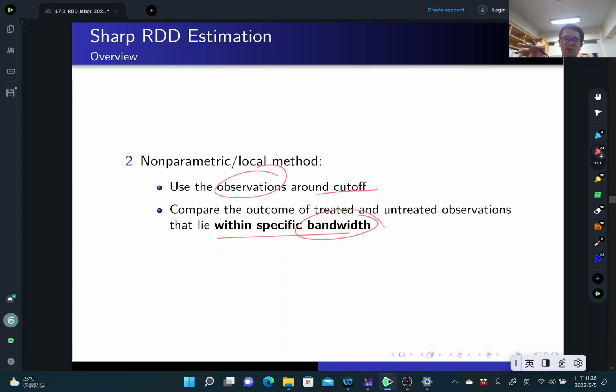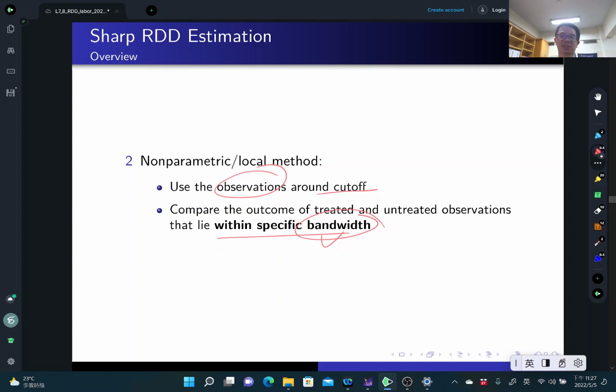So we need to decide what we mean by around the cutoff. How close is around the cutoff? That will be determined by the bandwidth choice. You can consider the bandwidth as an interval: how close is close. So the key question for the non-parametric method is choosing the bandwidth.